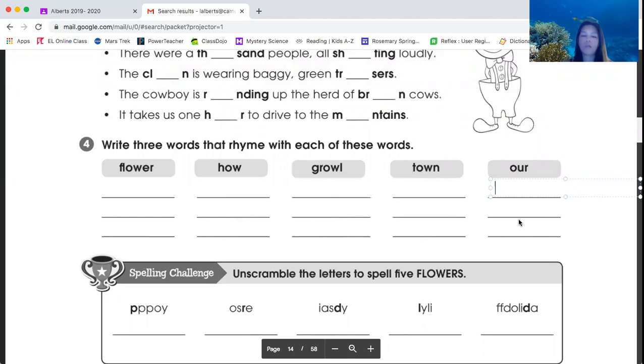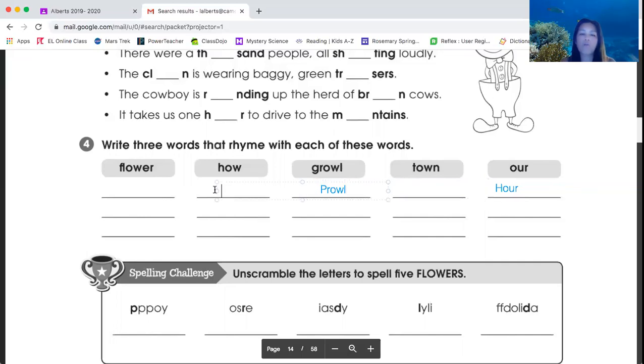So as soon as I read hour, I thought of also clock has hour. Town, can I think of one right now? I'll come back to it. Growl. Can't think of one for growl. Oh, prowl.